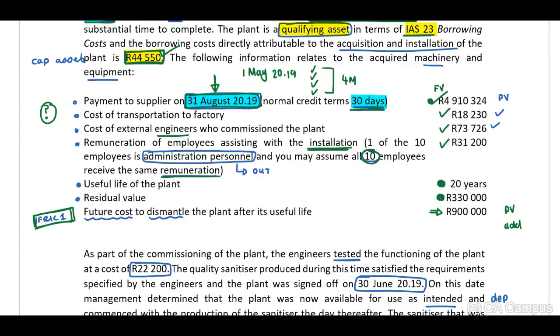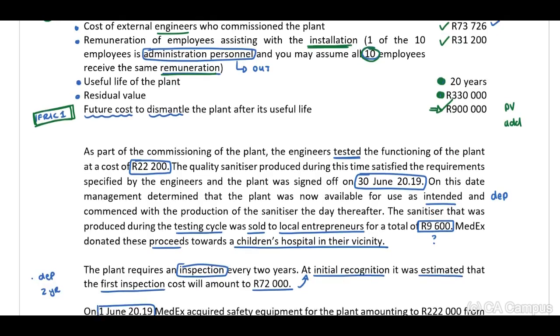We can tick off that 900,000. Then they indicate to us, as part of the commissioning of the plant, the engineers tested the functioning of the plant at a cost of 200. The quality sanitizer produced during this time satisfied the requirements, and they've indicated to us, guys, that they have this 9,600 proceeds that they donated.